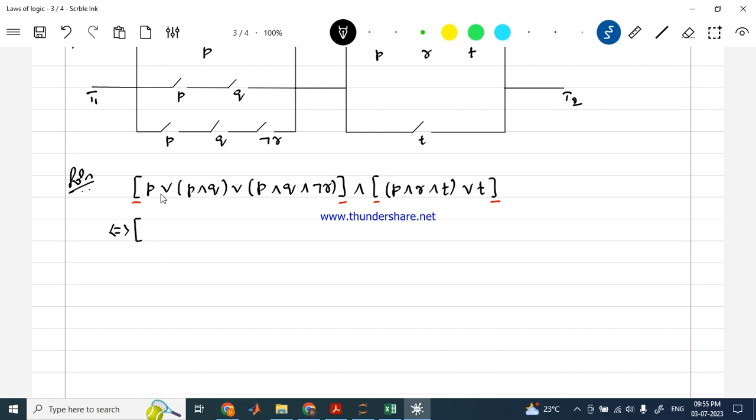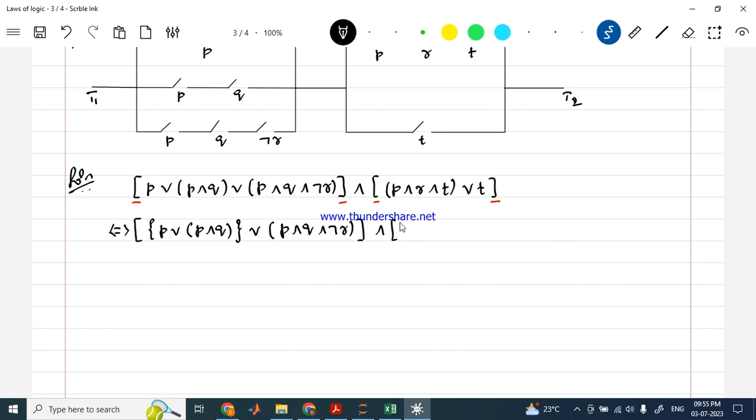Since associative law is valid here, I can group these two or these two. So what I will do, I will use associative law on this. I will group these two. That is P disjunction, P conjunction Q disjunction, P conjunction Q conjunction negation R. Conjunction.